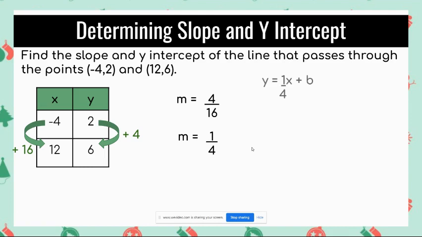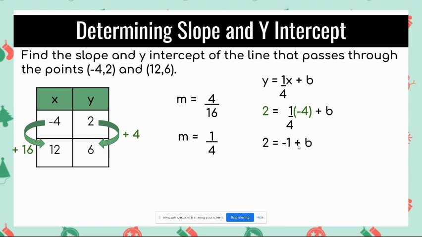Now to find the y-intercept, again, I'm going to plug into y equals mx plus b. I just took my slope, plugged it in place of the m. And now I need to plug in an x and y value so that I can solve for b. So I just went ahead and chose my first point. I plugged in 2 for y, -4 for x. 1/4 times -4 is -1.